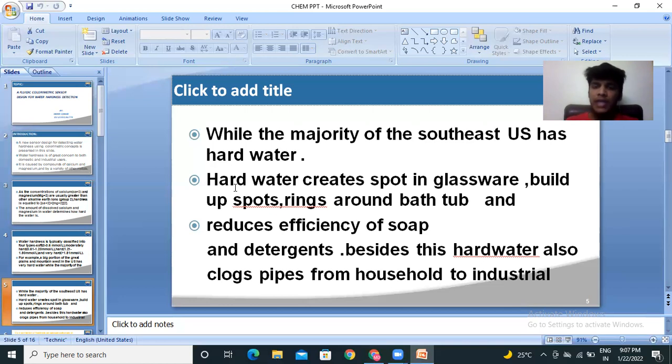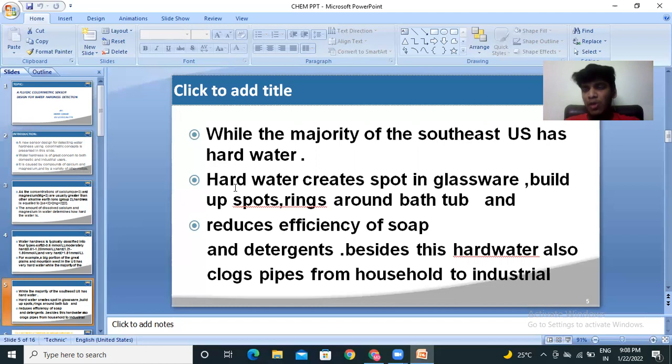So besides this, hard water also clogs pipes from household to industrial. As I told you before, it is a big concern of the hard water for the domestic and for the industrial purpose. What hard water does is, when it flows through the pipes, it clogs the pipe.